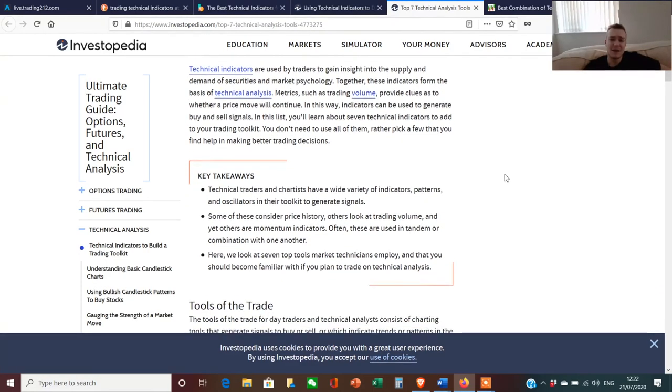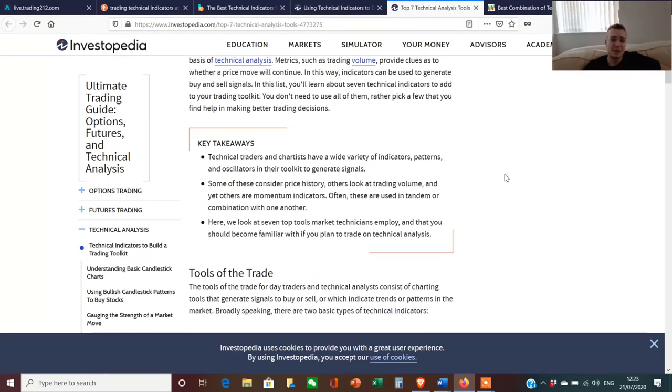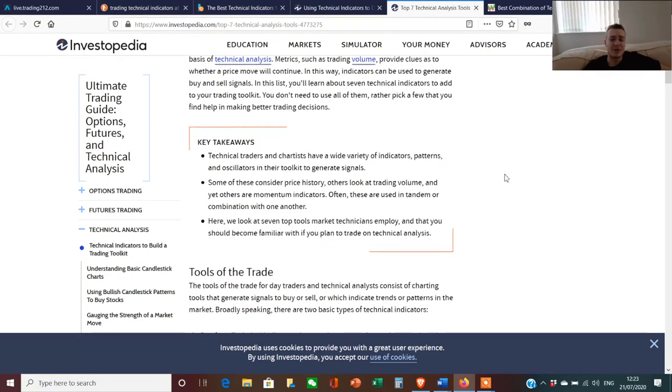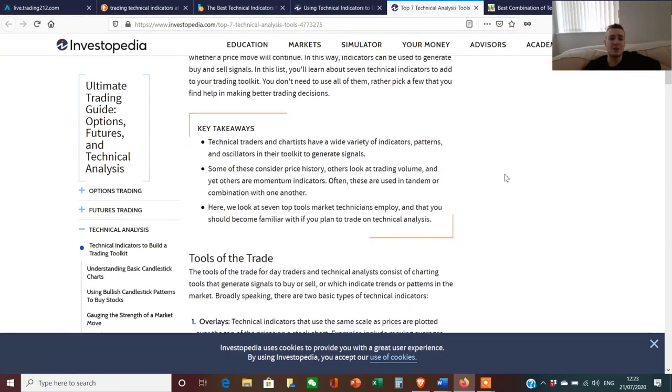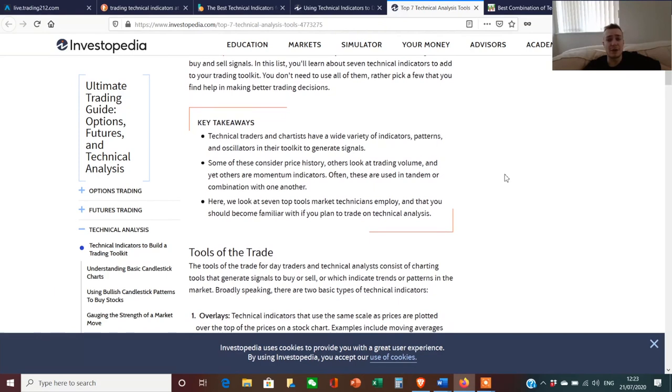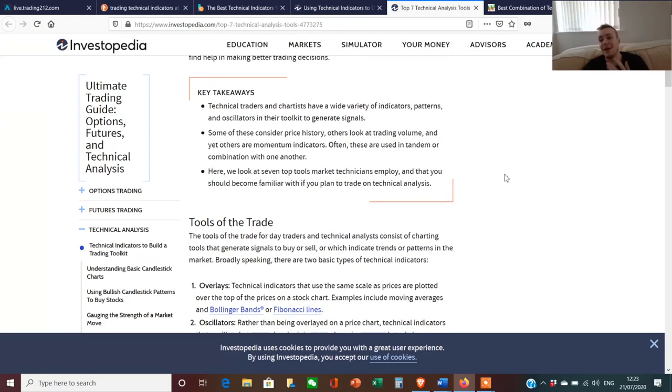In this way, indicators can be used to generate buy and sell signals. In this list, you'll learn about 7 technical indicators to add to your trading toolkit. You don't need to use all of them, rather pick a few that you find help in making better decisions. So these will aid your trading decision making.